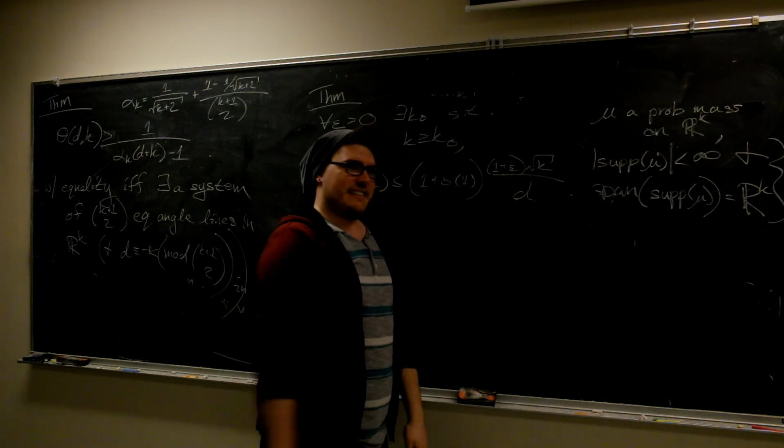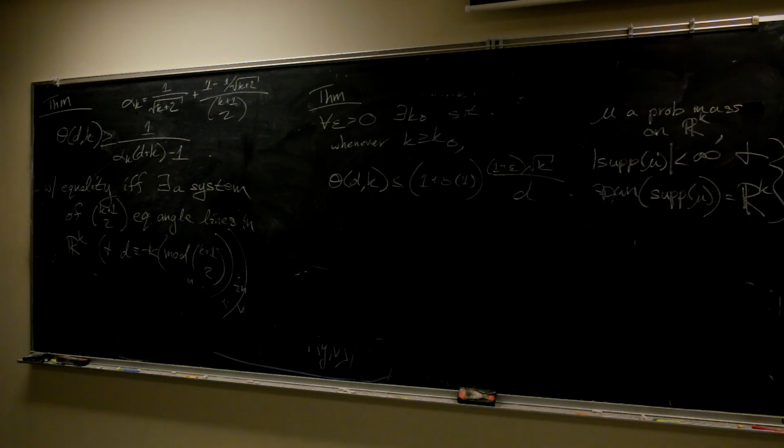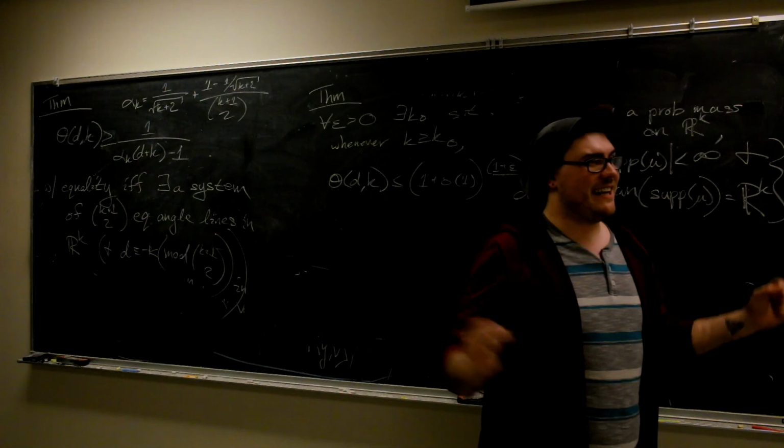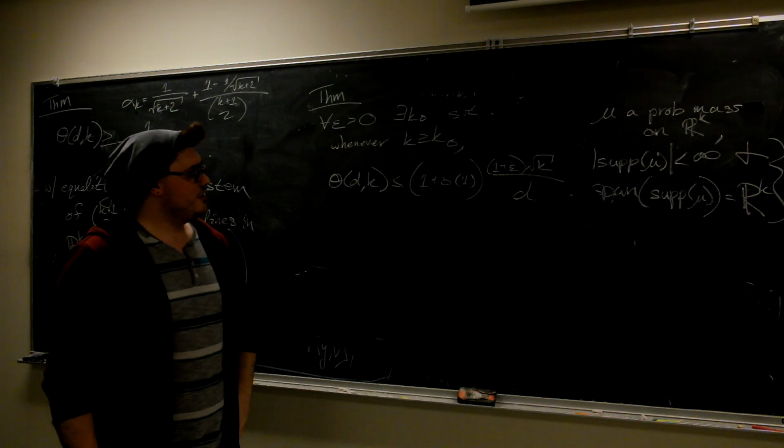So the construction isn't easy. Essentially what we do is we try to mimic the idea of these isotropic measures and some tensorization tricks. So we build a nice system of vectors by taking Steiner systems and blowing them up by using Hadamard matrices, in kind of a way that's slightly different from how the first bound of k to the 3/2 equiangular lines was shown. So we get a nice system of vectors that we can then tensorize a bunch of times and modify a little bit to get a d-dimensional system instead of a k-dimensional one.